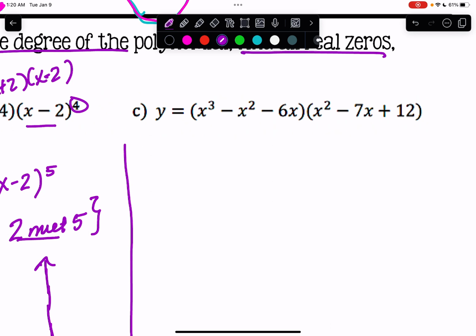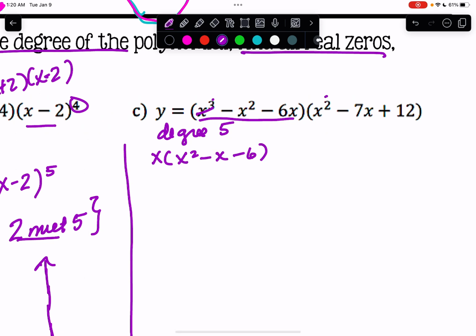All right, let's look at this last one, last thing for this lesson. We have degree 3 and degree 2, so together that would be degree 5. Now we have to factor each one of these. The first trinomial, we will factor out an x because each term has an x in it. X squared minus x minus 6.